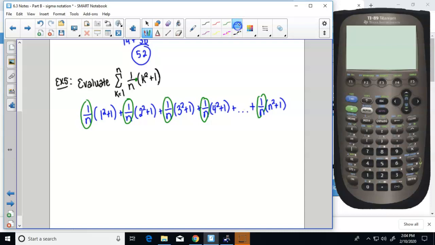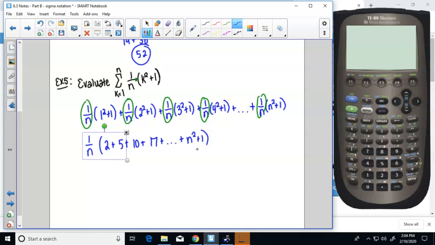Factor it out front. So I could write it like this, 1 over n times, and then 1 squared plus 1 is 2, 2 squared plus 1 is 5, 3 squared plus 1 is 10, 17, dot, dot, dot, n squared plus 1.